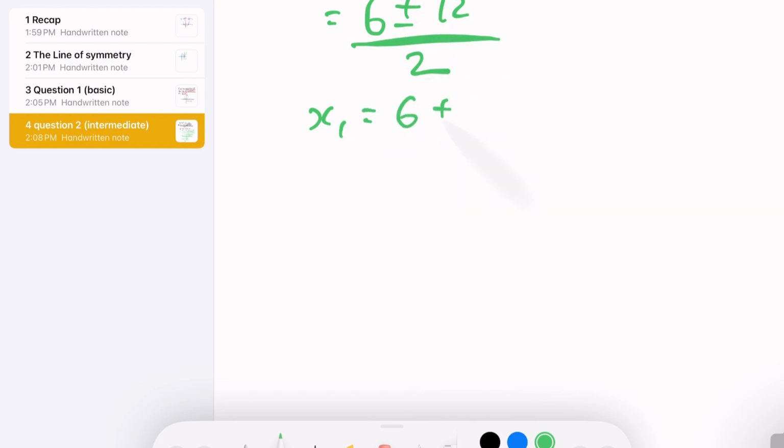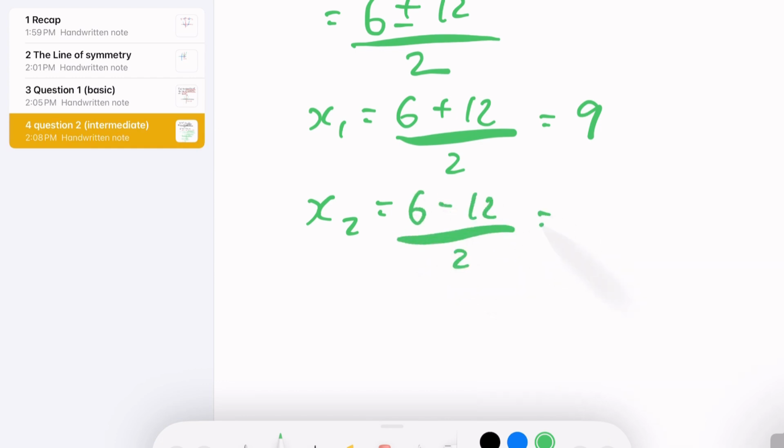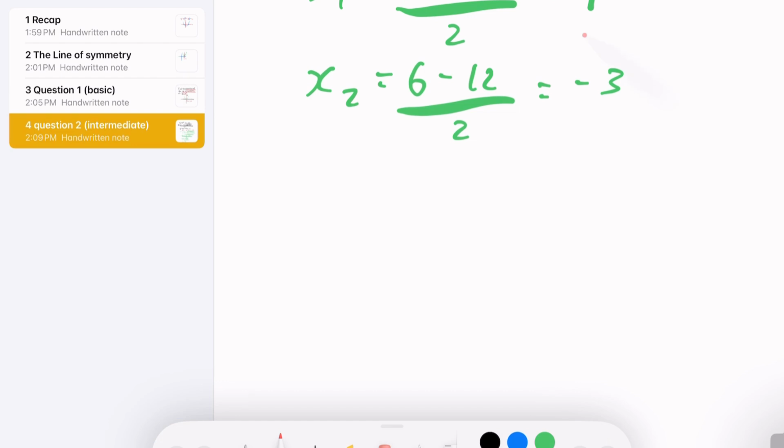So 6 plus 12 over 2, which is 9. And x2 uses the minus sign in the plus minus sign. 6 minus 12 over 2, which is equal to -3. So 9 and -3 are two different solutions of the above quadratic equation.